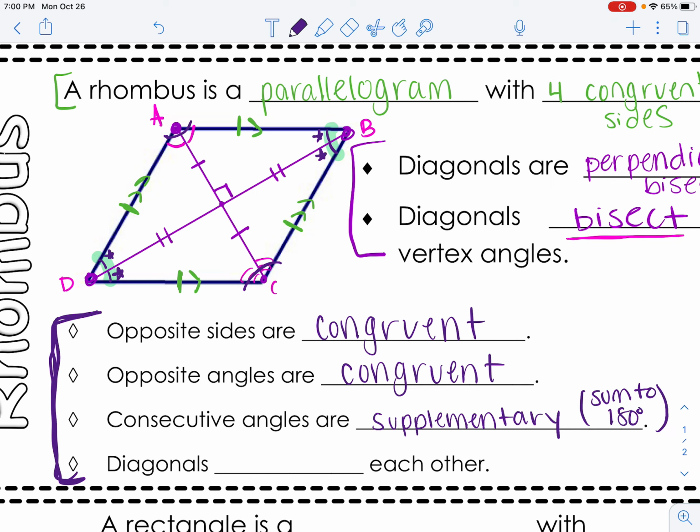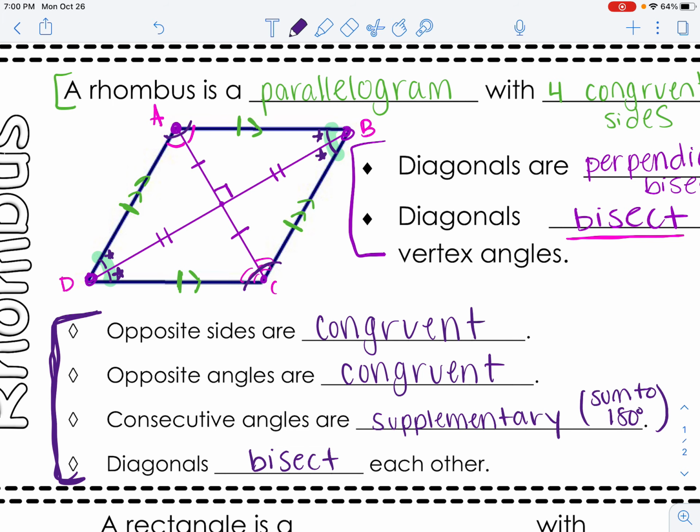And consecutive, again, are the ones next to each other. So A and B are consecutive, B and C are consecutive, C and D are consecutive, and D and A are consecutive. All right, and the last piece says that the diagonals bisect each other.